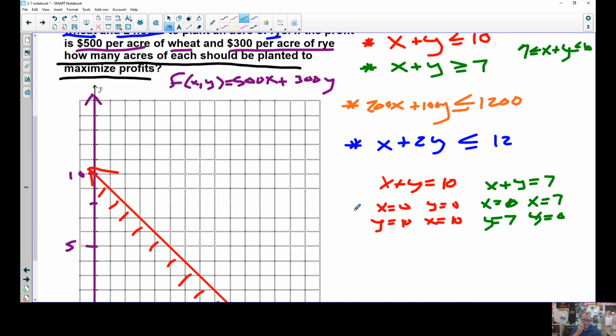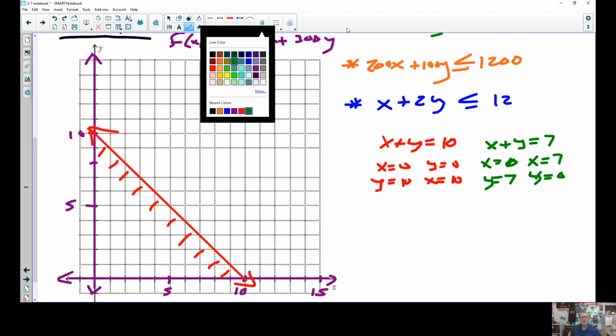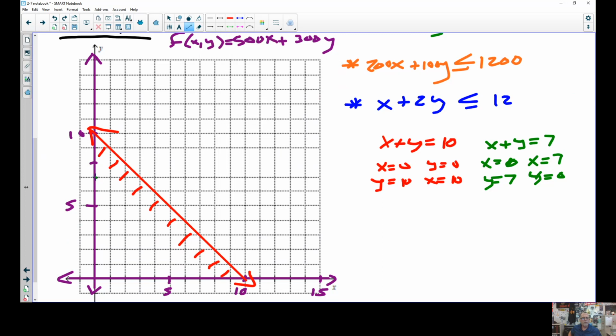All right, so we have that. So I'm going to go between 7 and 7. And I need a line, and we want that line to be green. So let's do that. We're going to go over here from 7 down to here at 7. And we're going to put our lines on that and that.